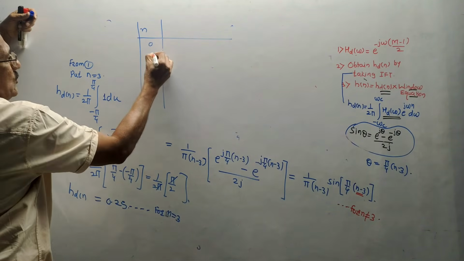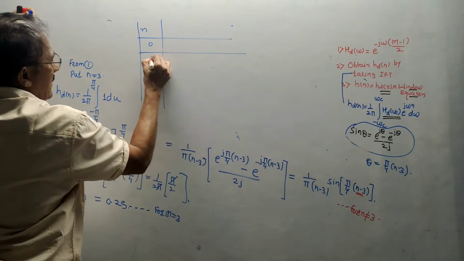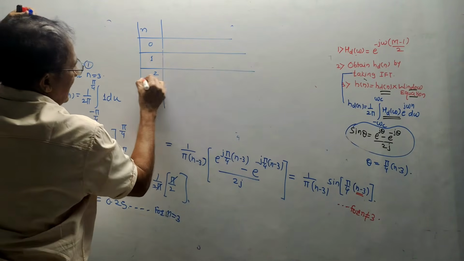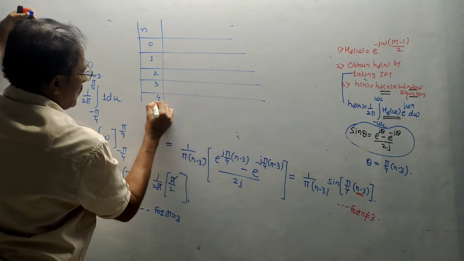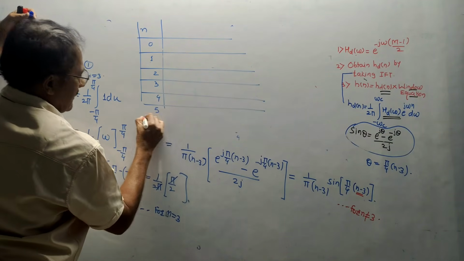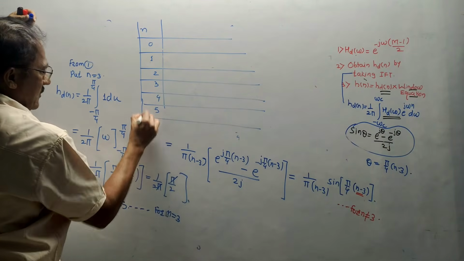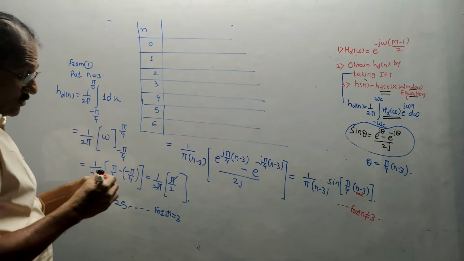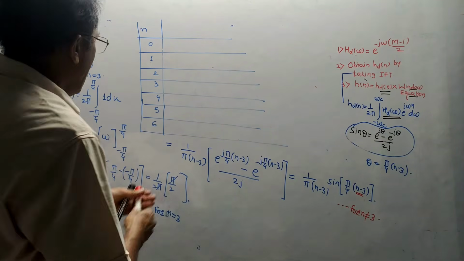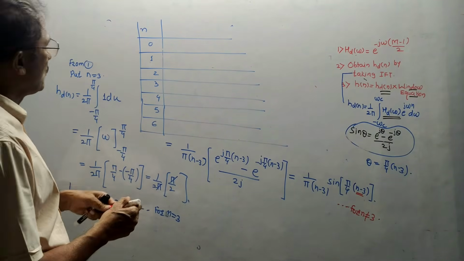So the first value is 0, next value is 1, next value is 2. Likewise, you need to do this calculation up to the value 6. So this is the value of n which varies from 0 to 6.